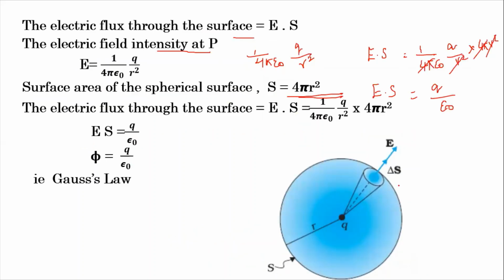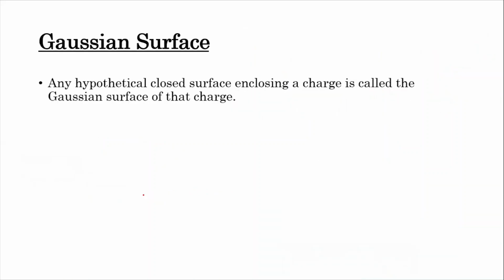Now you understand that E dot S is equal to Q by epsilon naught, and this E dot S is phi. So phi is equal to Q by epsilon naught. This is what Gauss law says. A Gaussian surface is a hypothetical surface. Any hypothetical closed surface enclosing a charge is called the Gaussian surface of that charge.